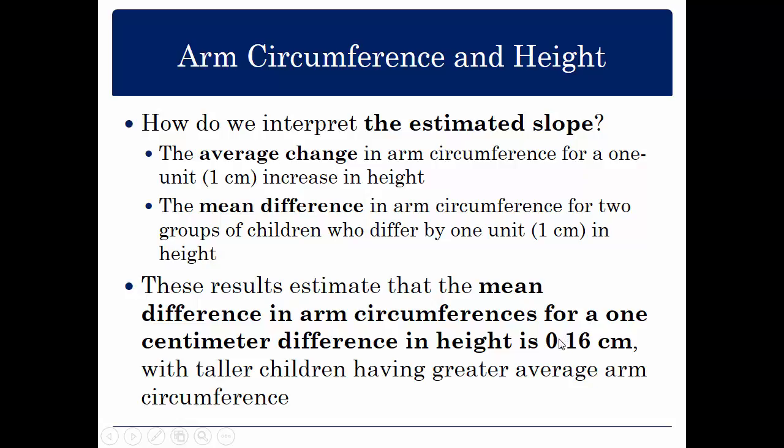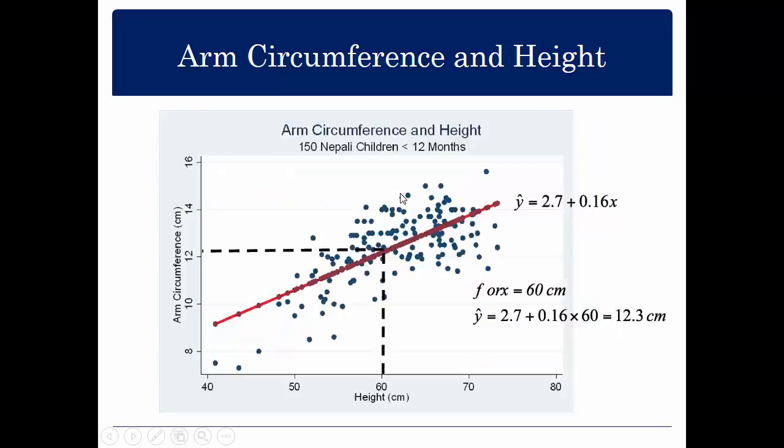The parameter that's usually the most interesting to us is that slope parameter. The interpretation of that really represents how the outcome or the response is expected to change for given changes in the predictor. So in this case, the average change in arm circumference for a 1 unit increase, in this case a centimeter increase in height, is equivalent to the 0.16.